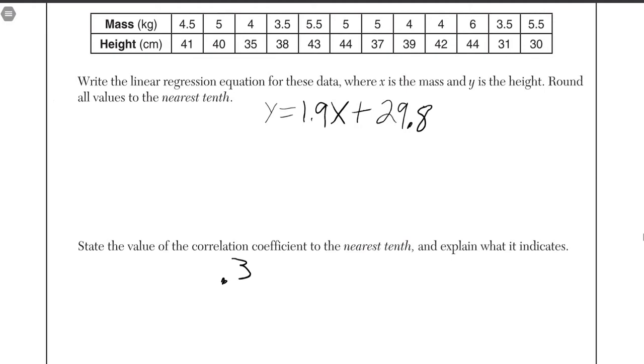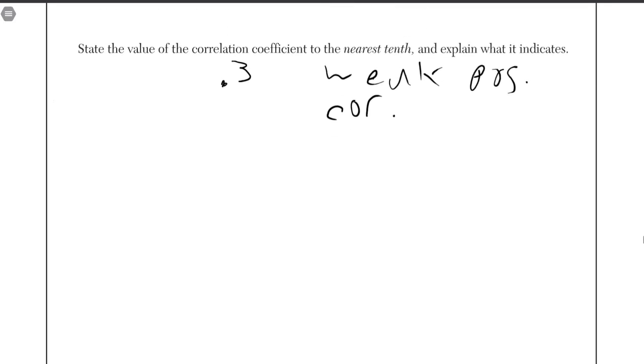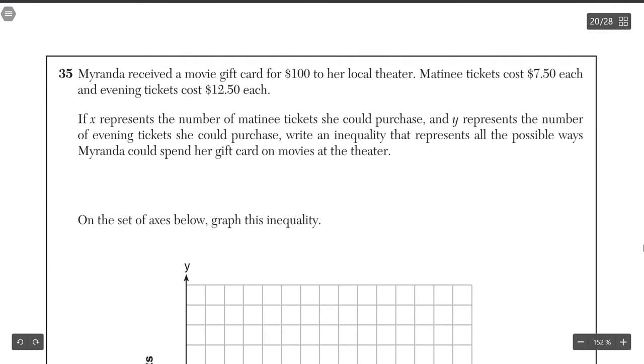So 0.3 would show a weak positive correlation. If it was -0.3, that would show a weak negative correlation. If it was -0.9, that would show a strong negative correlation. I get the idea. Okay, moving on to the next problem.